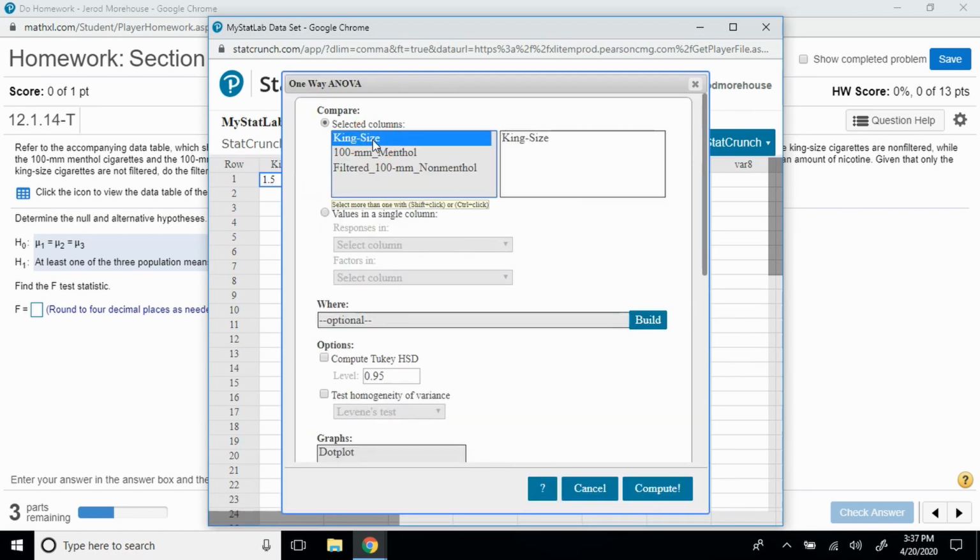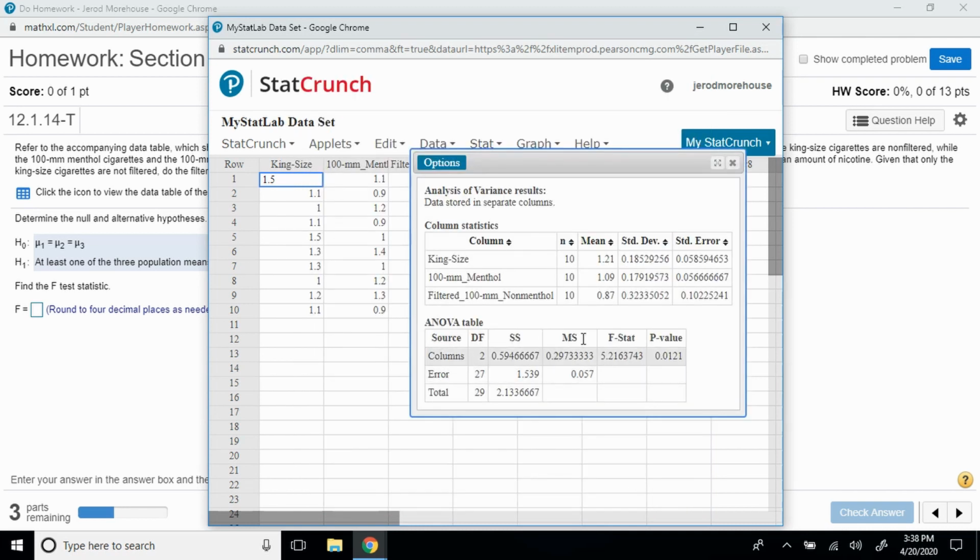I'm going to select here in the menu all 3 of these by either holding down Control or selecting the first, holding down Shift, and selecting the last. We actually do not need to click any of these other options. We only need to select the columns that we're running the ANOVA on. Then we can hit Compute, and we get an analysis of variance output here.